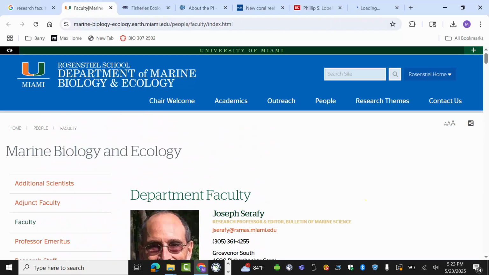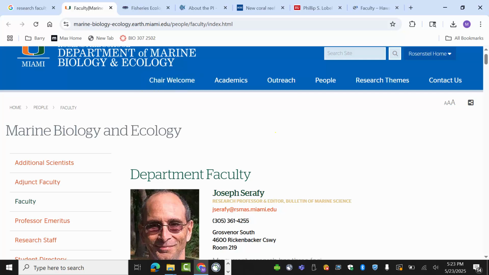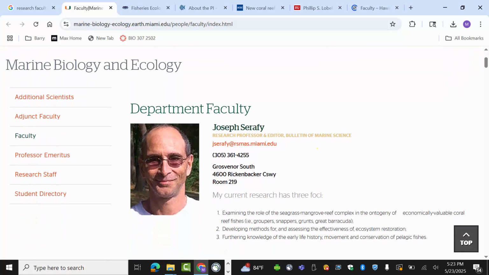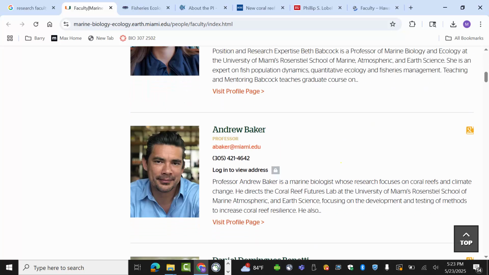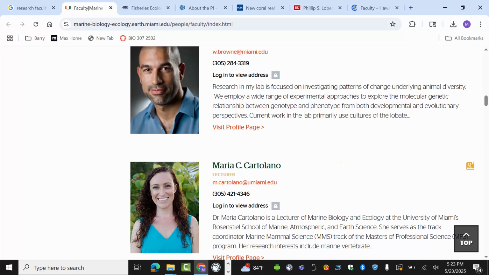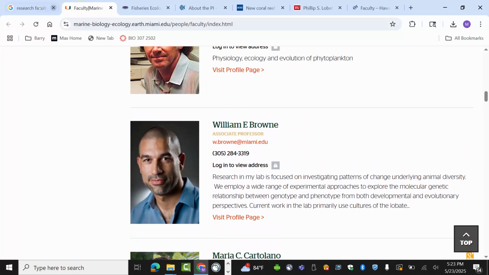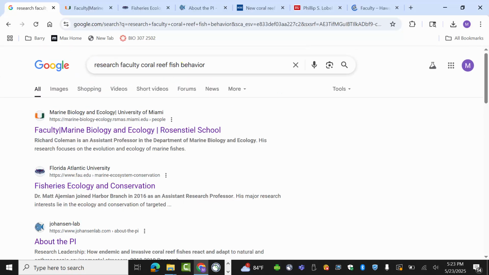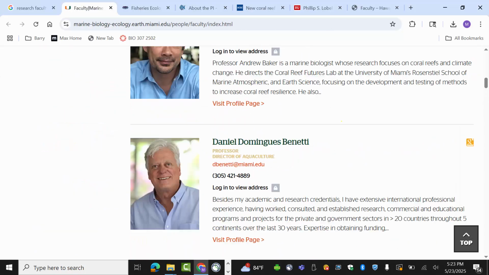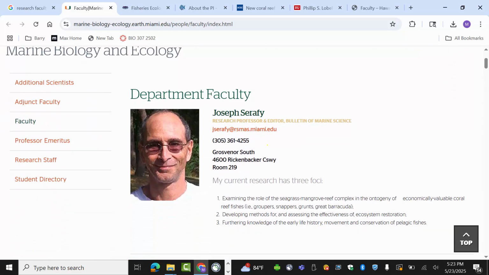Let's see here. So here's the University of Miami's Department of Marine Biology and Ecology. All right, this is the graduate school, and there are a number of people listed. A lot of these people are not going to be what I just searched for, which is coral reef fish behavior, because these are all of the faculty in this department, and that's fine, right?